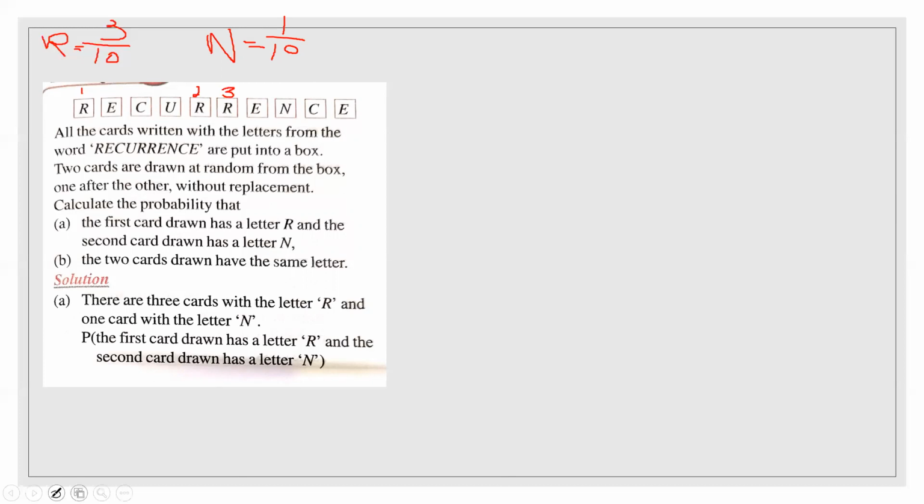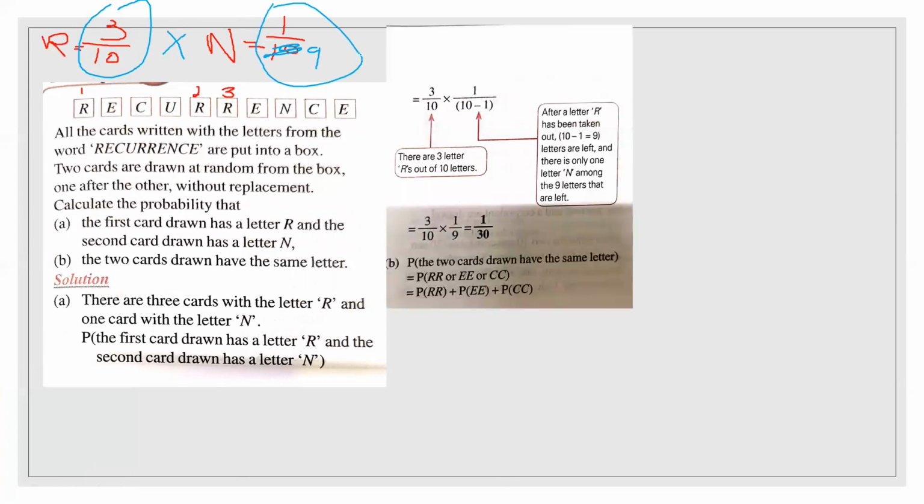If you take away R, you are left with 9 cards inside. So this will be 3/10 multiplied by 1/9. So 3/10 times 1/9, you get 1/30.